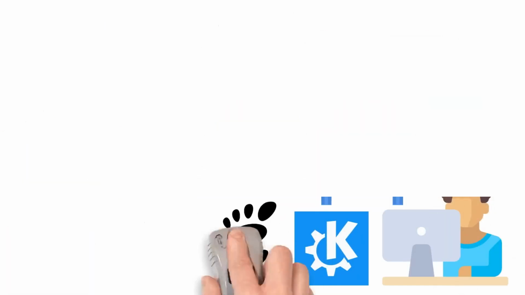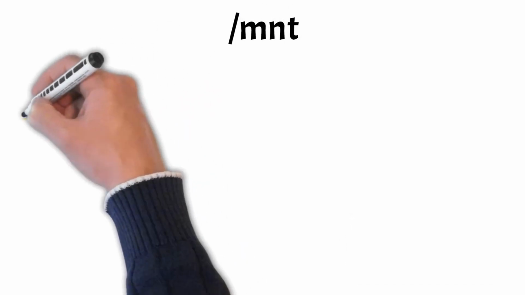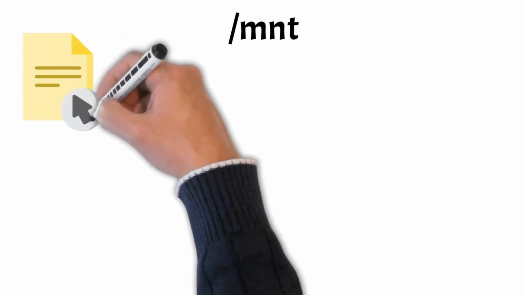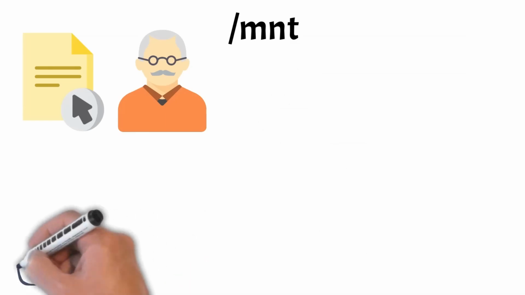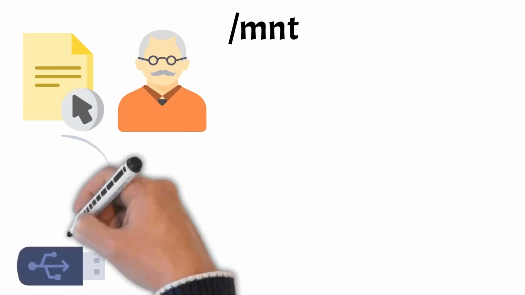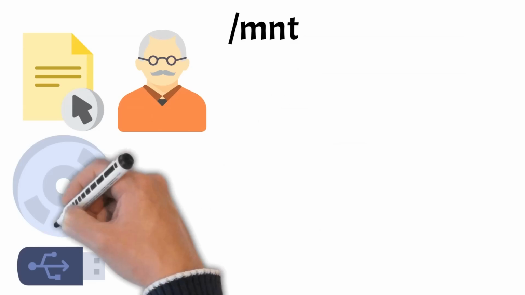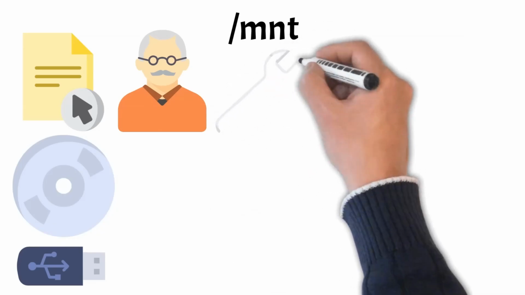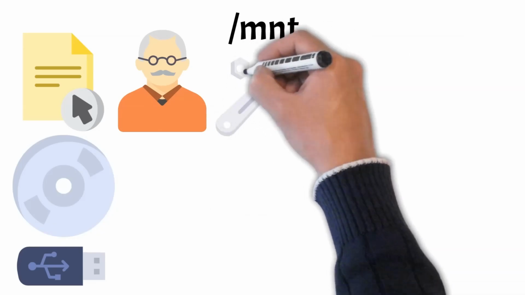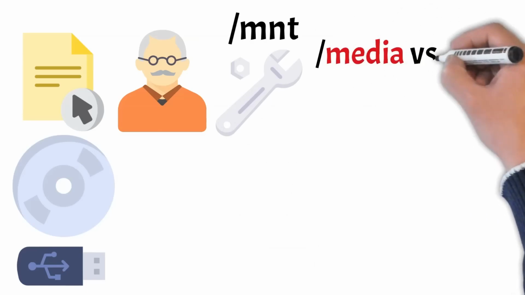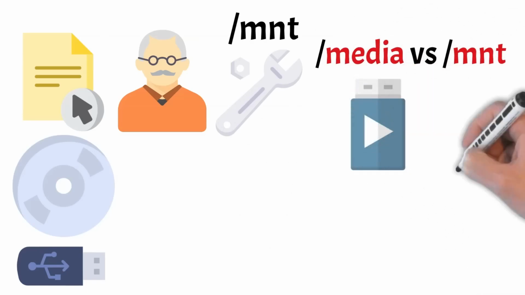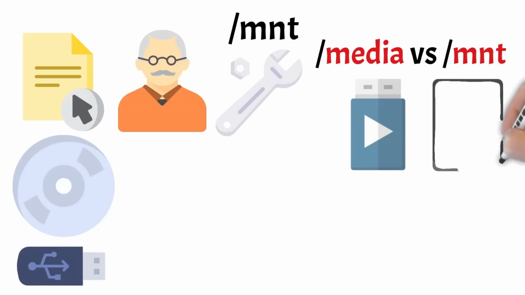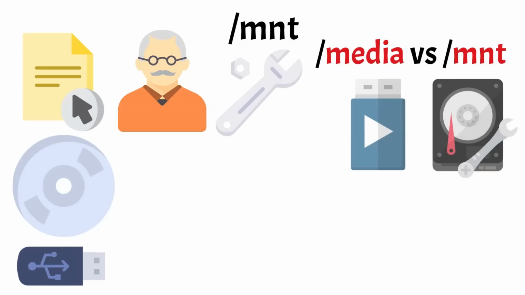Let's move on to mnt, another directory used for mounting file systems. Traditionally, this is where system administrators would manually mount external storage, like USB drives, partitions, backup disks, or remote file systems, especially during system maintenance or recovery. Unlike media, which automatically mounts removable devices for user access, mnt is reserved for manual, temporary mounts and is typically used by the root user or advanced scripts.